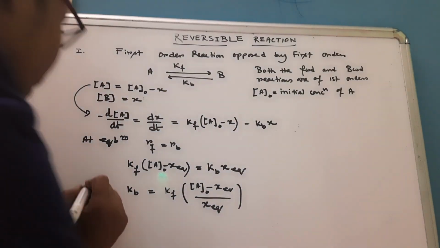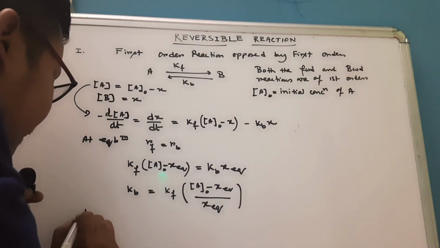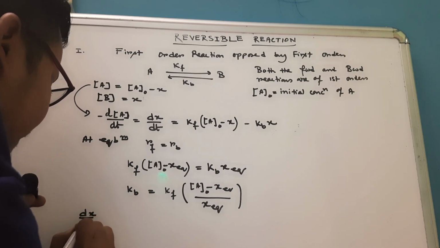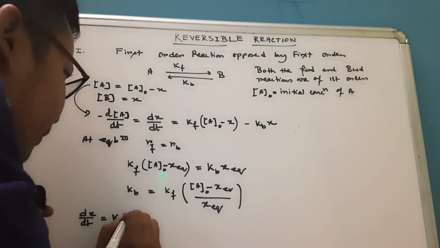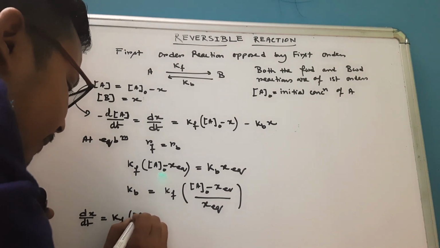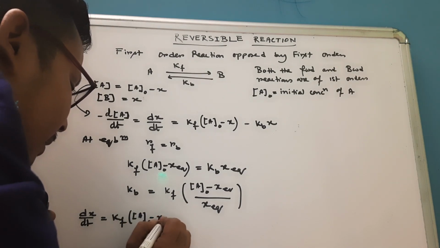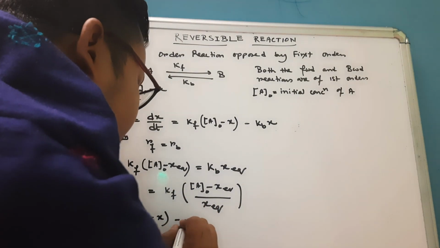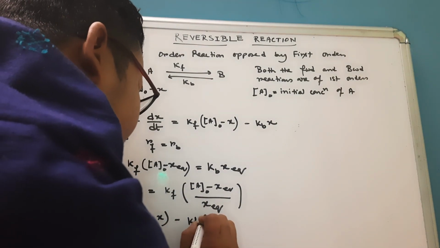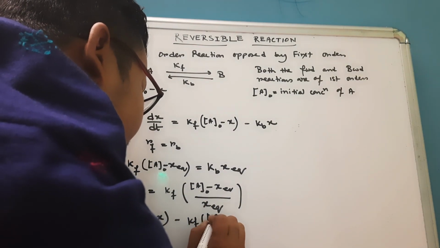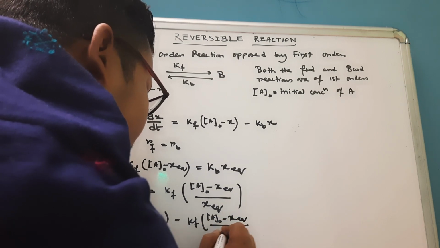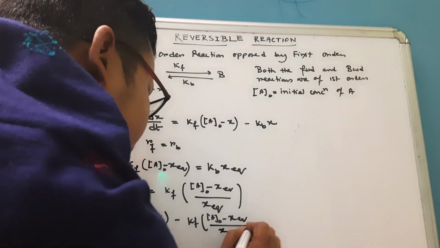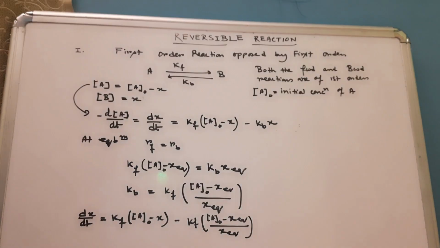So what we get: dx by dt equals Kf into A0 minus Kf into A0 minus x equilibrium by x equilibrium into x.